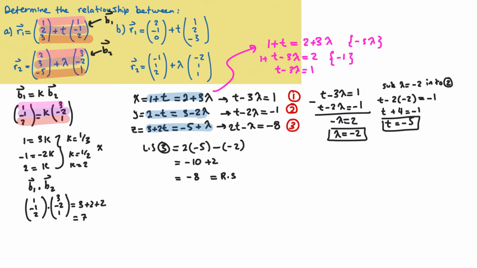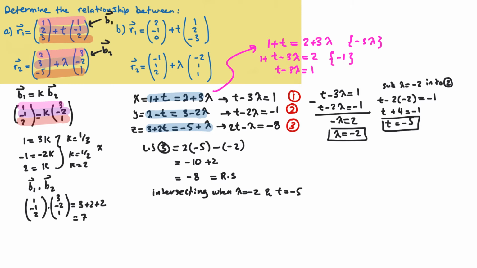And since that's the case, that means for lambda value of negative 2 and t value of negative 5, we will get a consistent value for x, y, and z for both R1 and R2, meaning that they do have an intersection, or they're intersecting when lambda is equal to negative 2 and t is equal to negative 5.